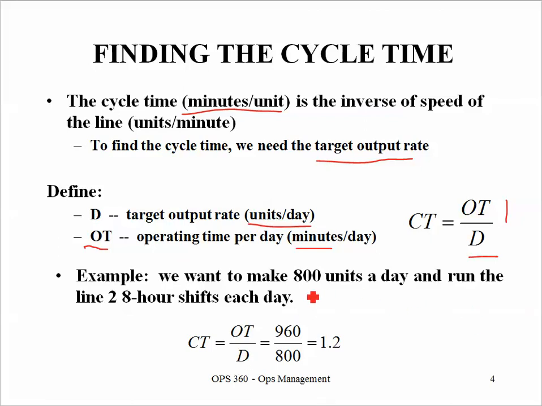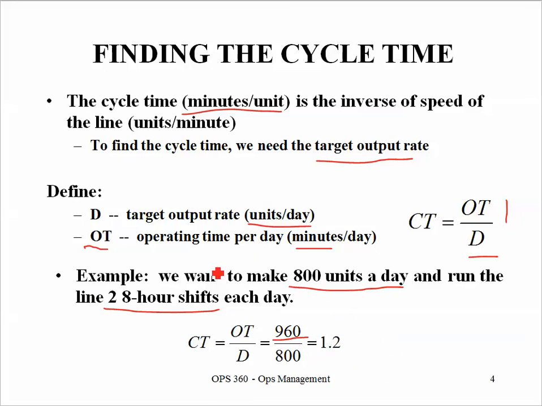So if I want to make 800 units a day and run the line 2 8-hour shifts per day, well, 2 times 8 hours times 60 minutes per hour is 960 minutes per day. That's my operating time.